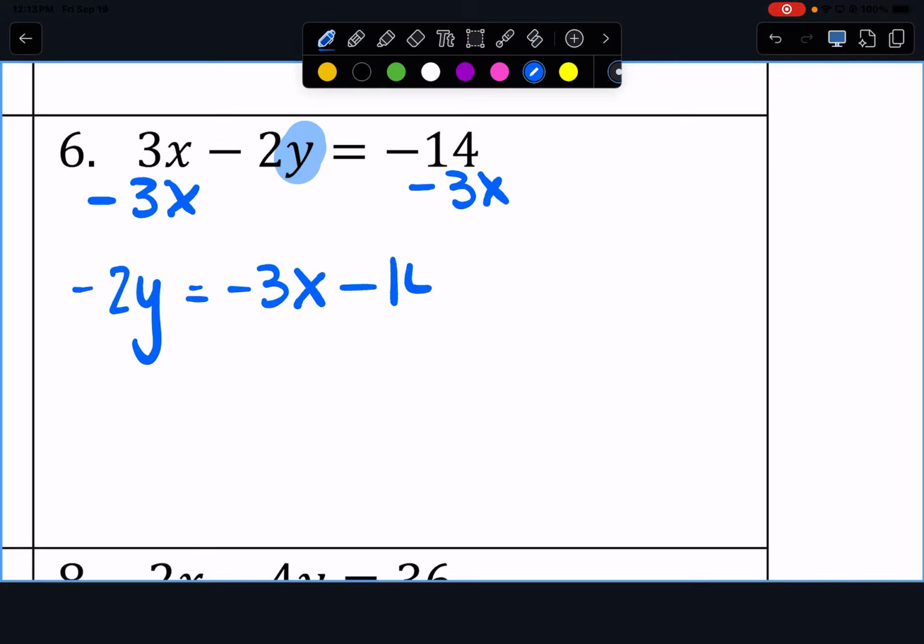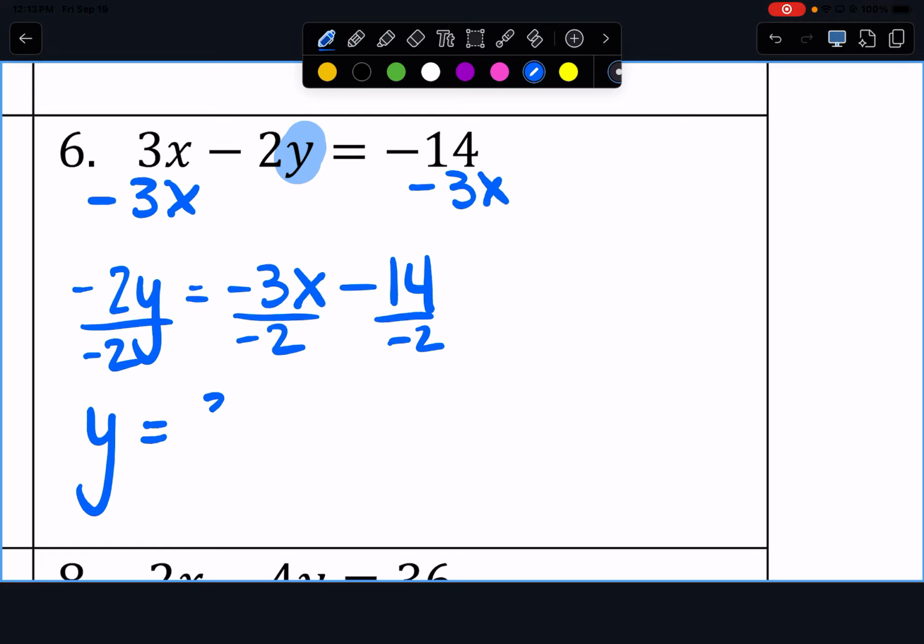Every term gets divided by negative 2. And we get y equals, a negative and a negative make a positive, so that will be positive 3 over 2 x. Then negative 14 divided by negative 2 is 7. So that is our answer in slope-intercept form. Then we are going to look at 8.